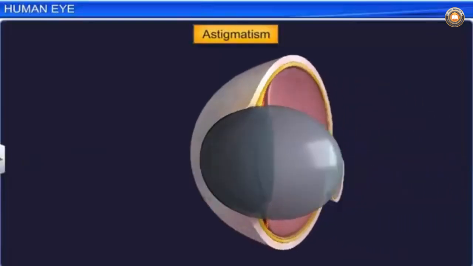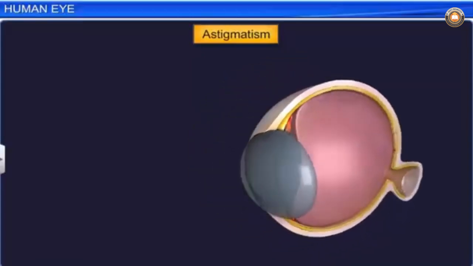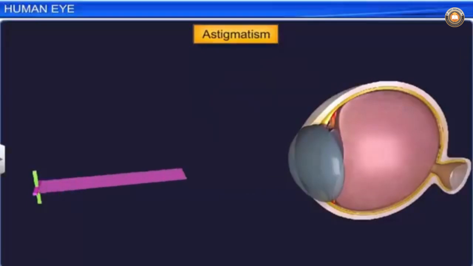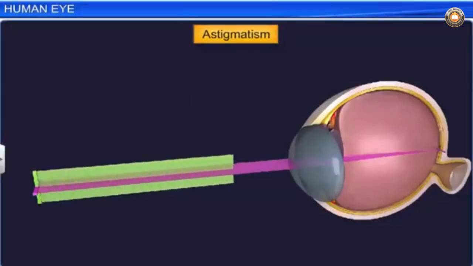Light from a perpendicular plane is focused at a different location other than the retina, resulting in blurred view of the objects lying in that plane. Hence, a person suffering from astigmatism cannot see all directions equally well. Astigmatism can be corrected by using a cylindrical lens of desired radius of curvature with an appropriately directed axis.